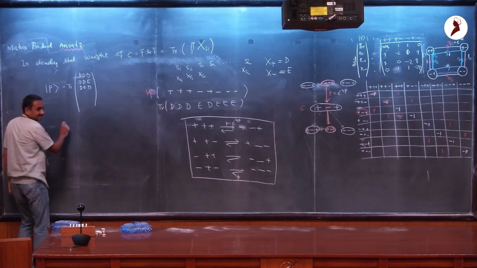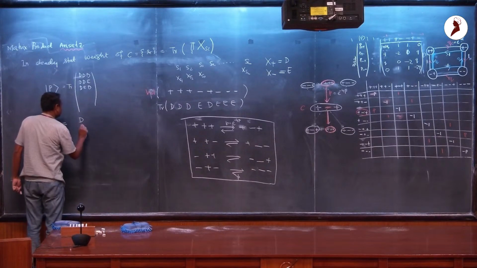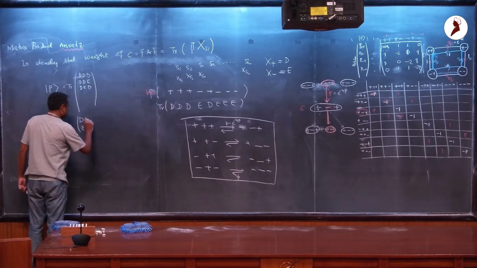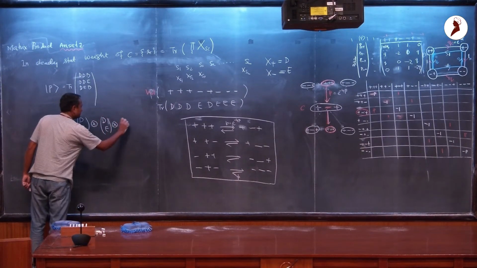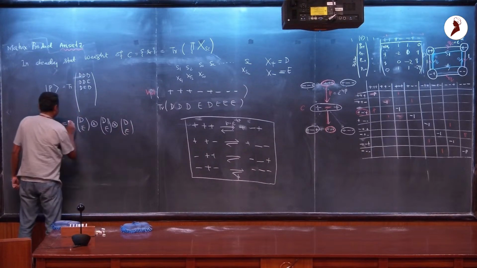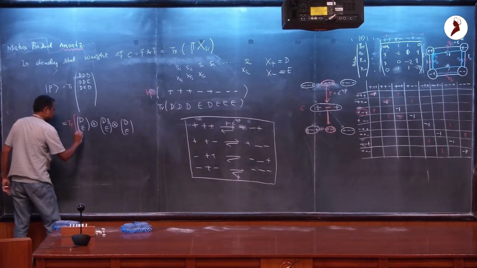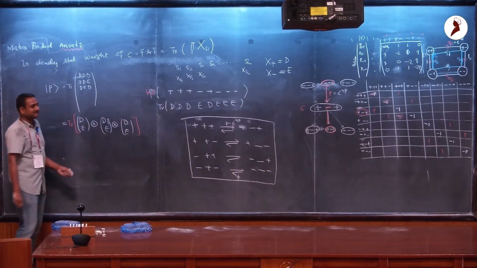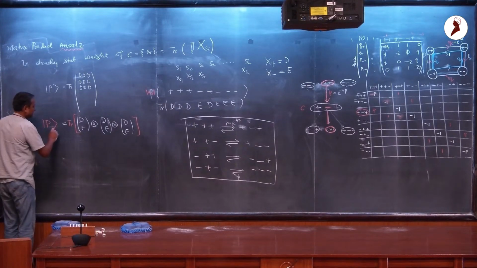So this first thing you will see very quickly that is just DE cross DE cross DE and trace. Convince yourself that this is same thing as this. So P vector equal to this.